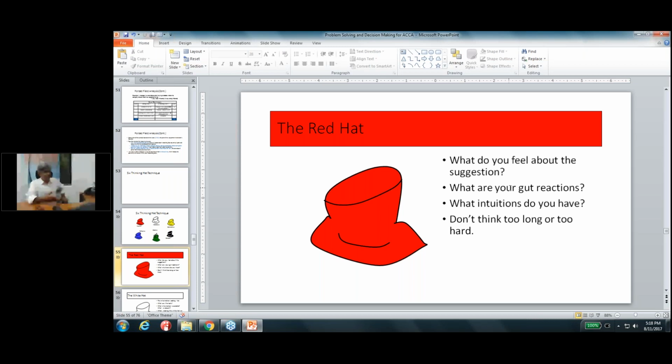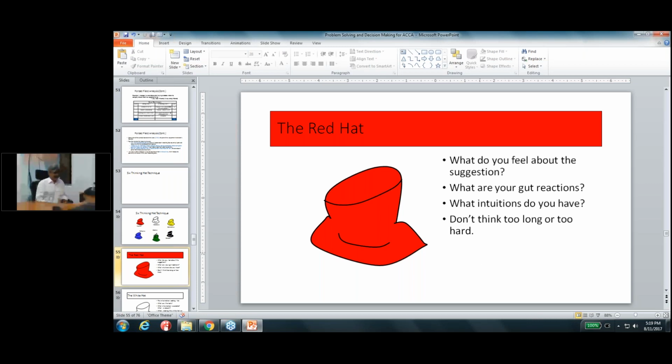That is actually the case. So whatever decision you try to make, you say spontaneously what you feel about it. So that is one way of approaching a particular problem.